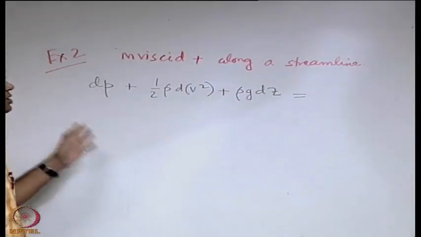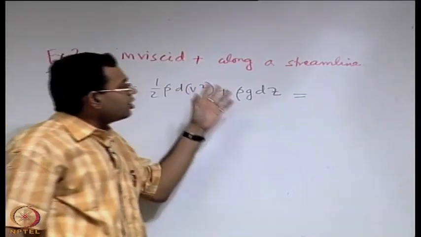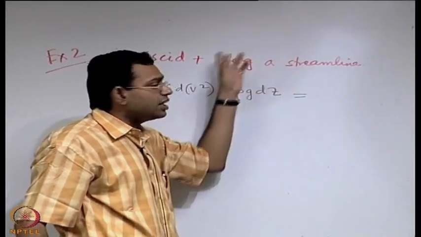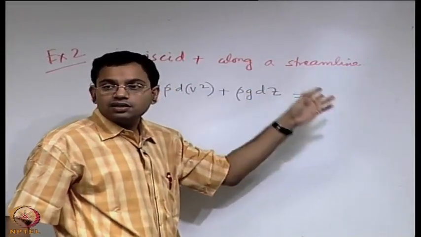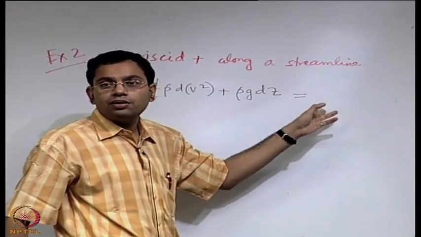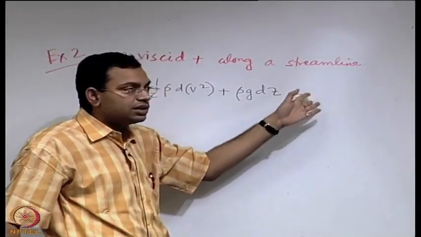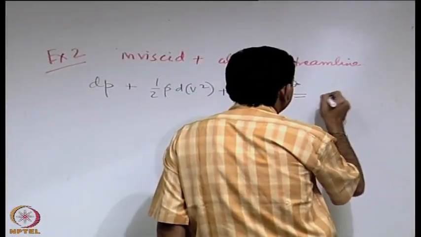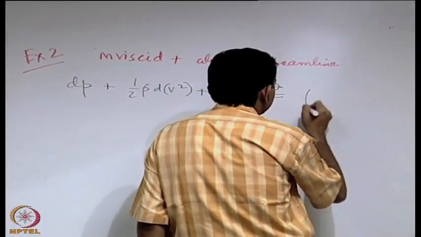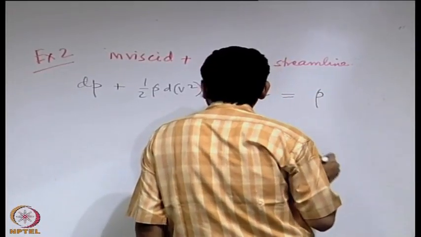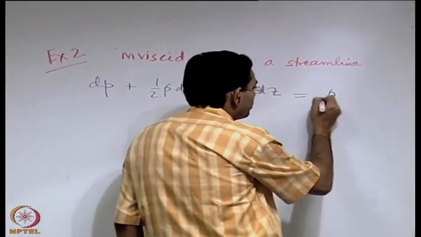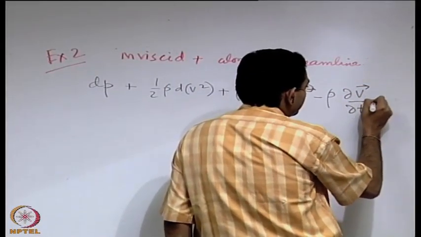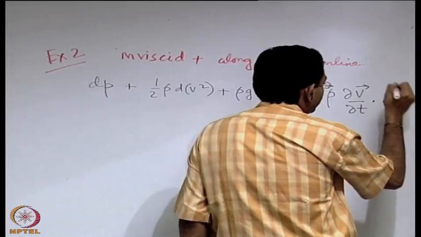So now the term which is there along a streamline is dropped, but the term which is there because of unsteadiness will not be dropped, because now we are considering the unsteady flow. So what will be that term? Minus rho dV/dt dot dl.